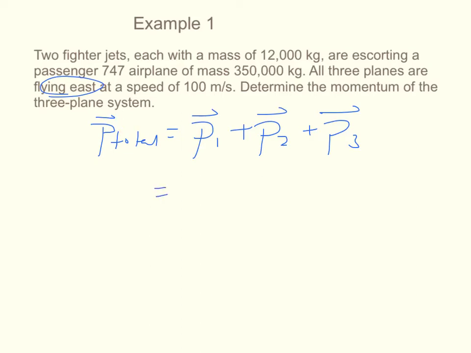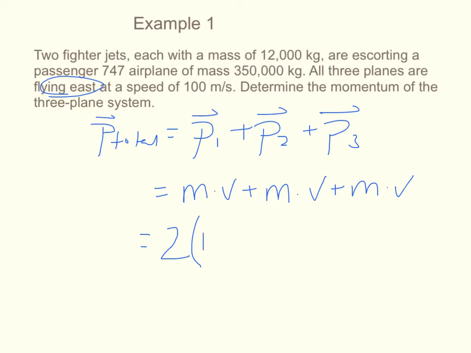So momentum, as we know, is calculated by mass times velocity. And so we have 3 different ones that we need to take care of. 2 of them are the same, so perhaps we can combine 2 of them and then add the 3rd one. So we have 2 fighter jet momentums, right?